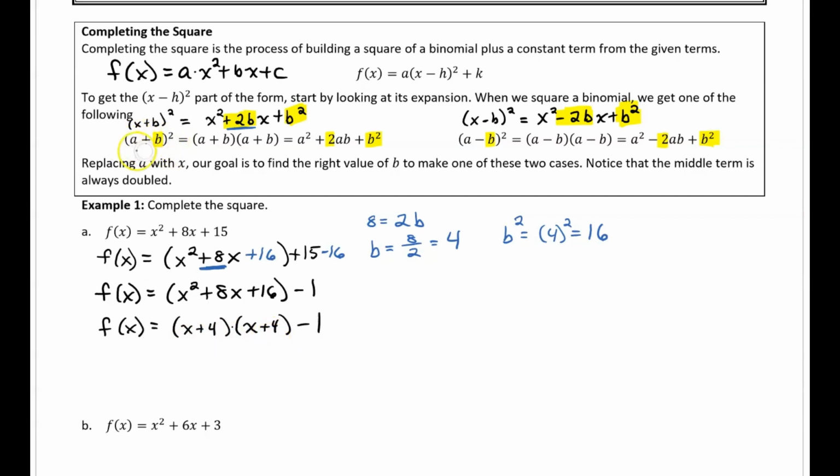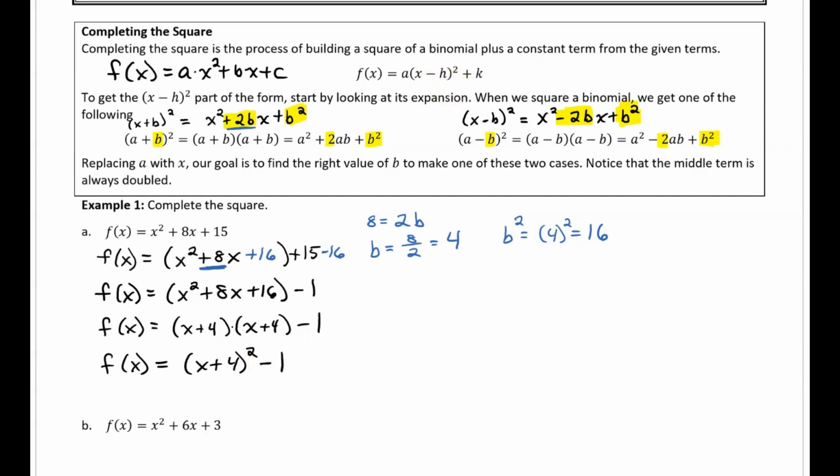Remember, we're trying to get that squared part in there. So of course they're going to be the same if I've made it that way. So then my answer, my function in this new form, will be x plus 4 squared minus 1 on the outside. So we can see how it matches that form we wanted.